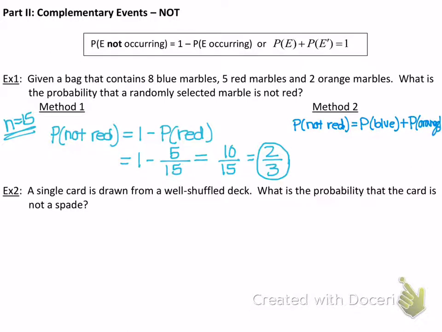This "or" is denoted by an addition sign. The plus sign means or. So the probability of blue is 8 out of 15, plus the probability of orange is 2 out of 15, which is 10 out of 15, which simplifies to 2/3.